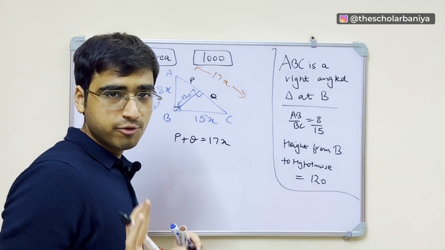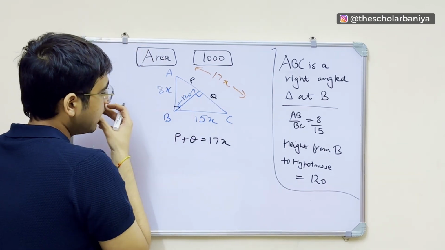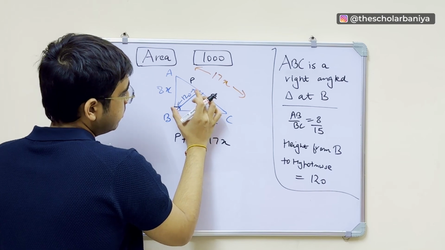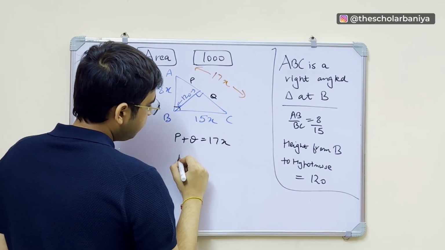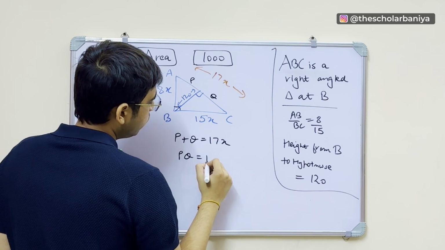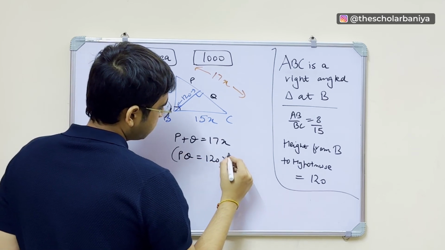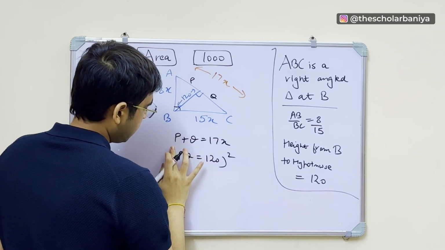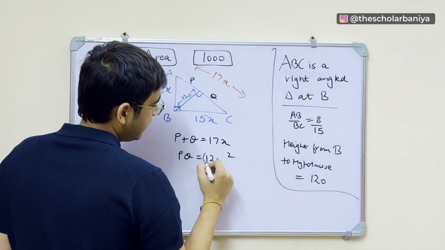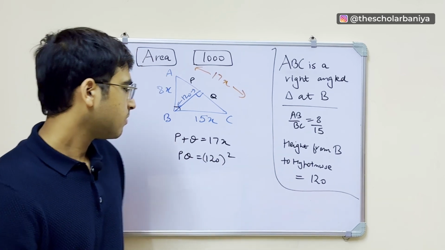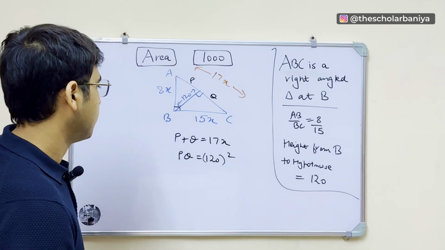This is a property which I have told in the previous questions, that this length square will be equal to this side into this side, right? Which means PQ is equal to 120 square. I hope this should be pretty simple, right?